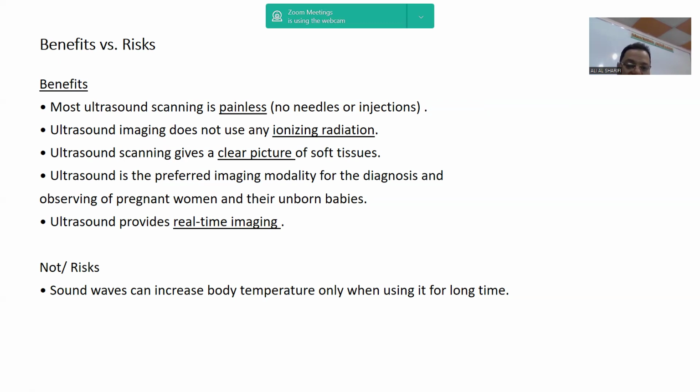Ultrasound provides real-time imaging. That means not just a picture. As for risk, sound waves can increase body temperature only when used for a long time. That means not a real risk like radiation, like injuries, like bleeding.